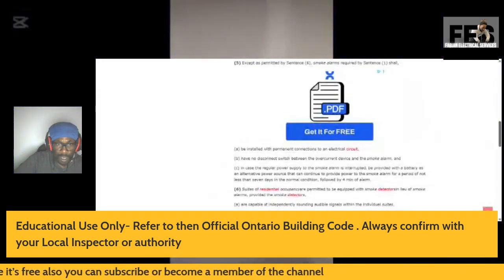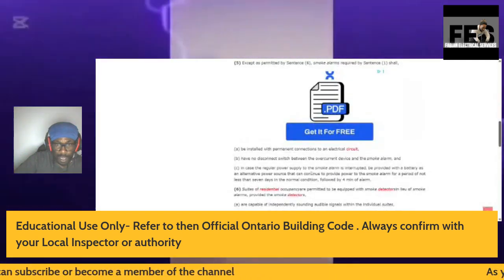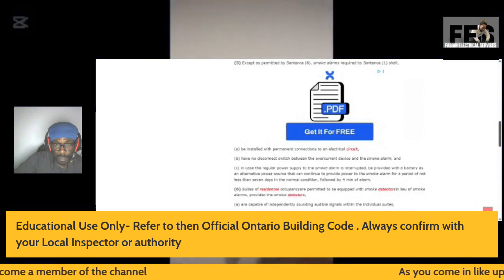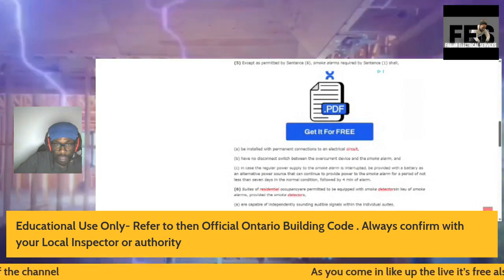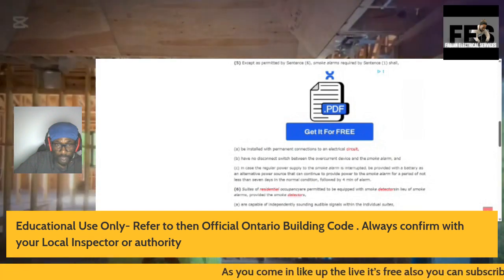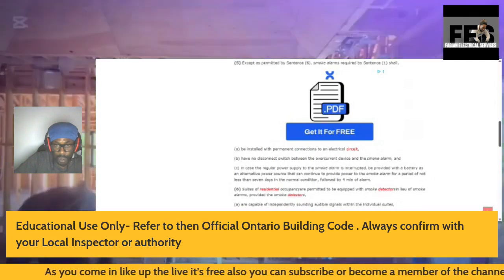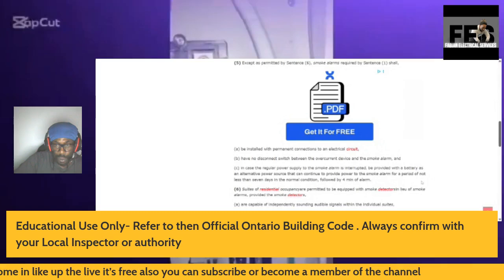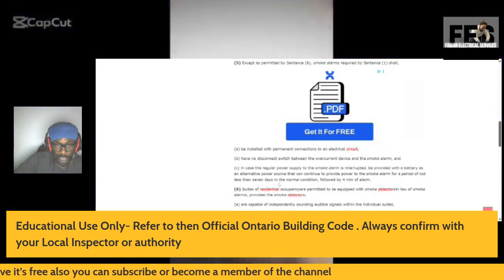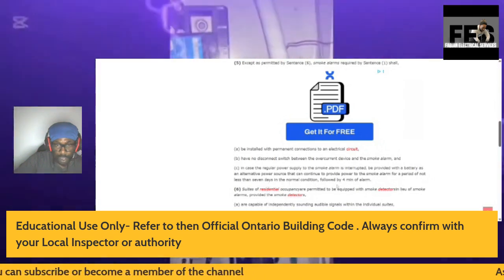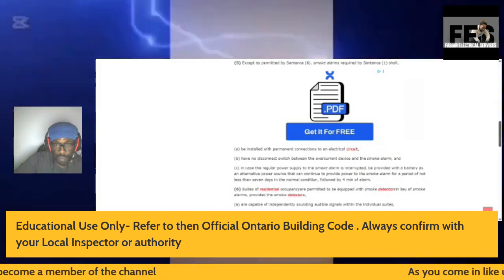And in case the regular power supply to the smoke alarm is interrupted, be provided with a battery as an alternative power source that can continue to provide power to a smoke alarm for a period of not less than 7 days in a normal condition, followed by 4 minutes of alarm.